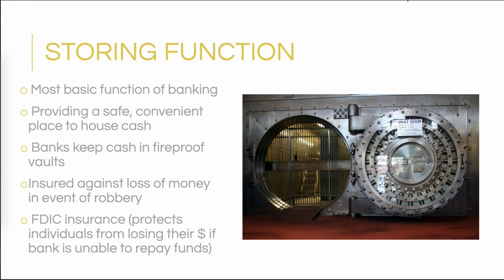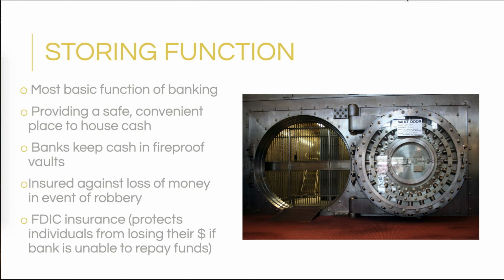Okay. The FDIC insurance will protect individuals from losing their money if banks are unable to repay funds. FDIC is the Federal Deposit Insurance Corporation. It's insurance protecting the money that you deposit into a bank. The FDIC will insure $250,000 per depositor per bank that's insured.